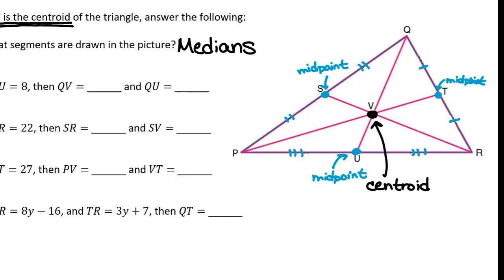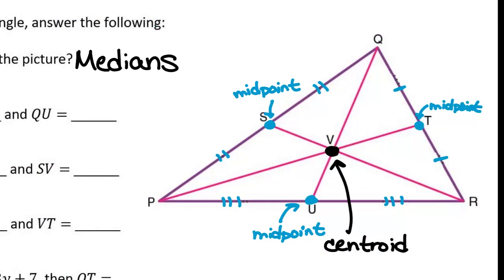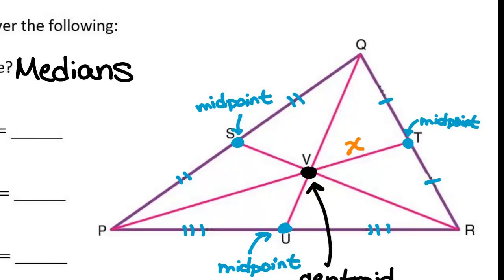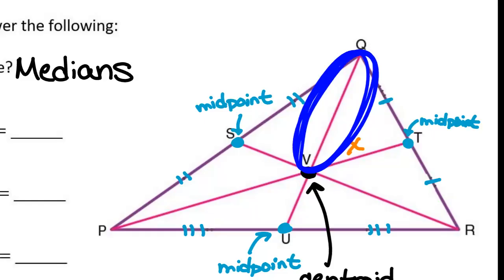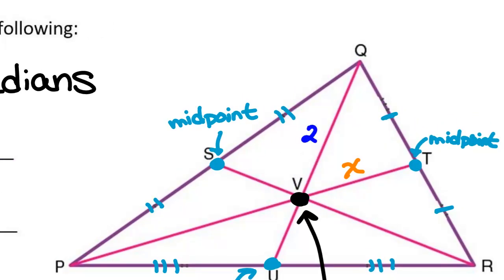All right, so let's label up our x, 2x, 3x. This segment right here would be x, 2x, or 3x? X. What about this segment here? That'd be a 2x. What about this one?